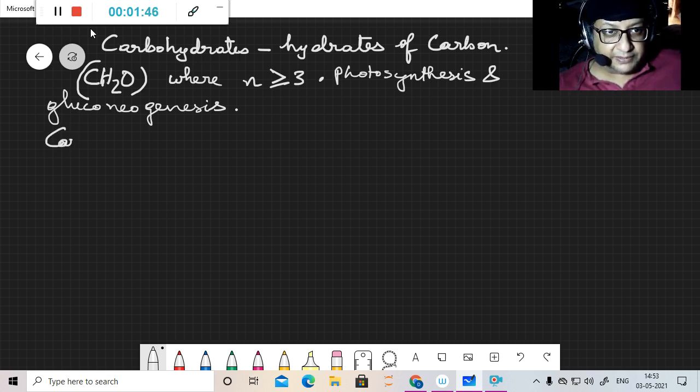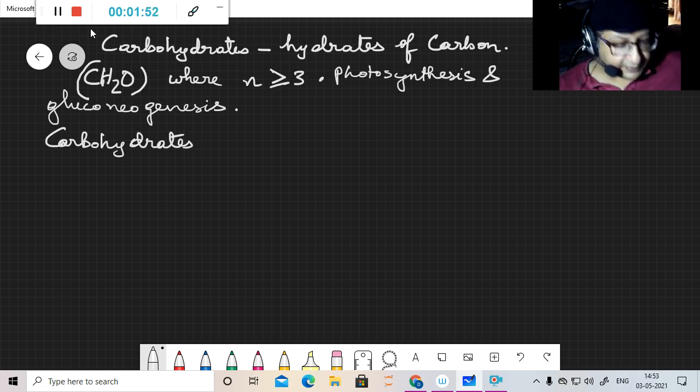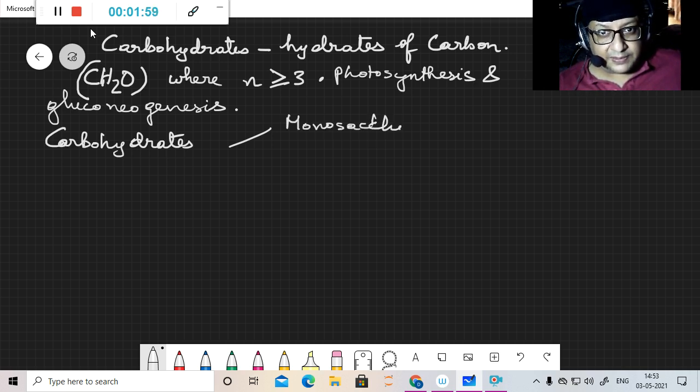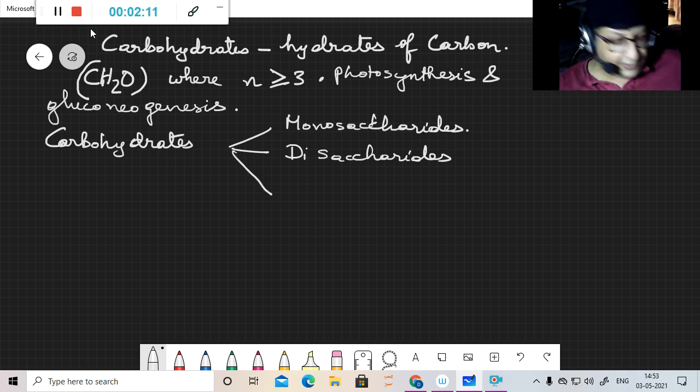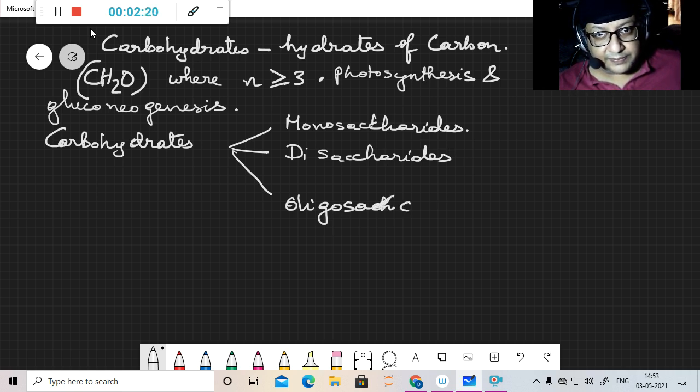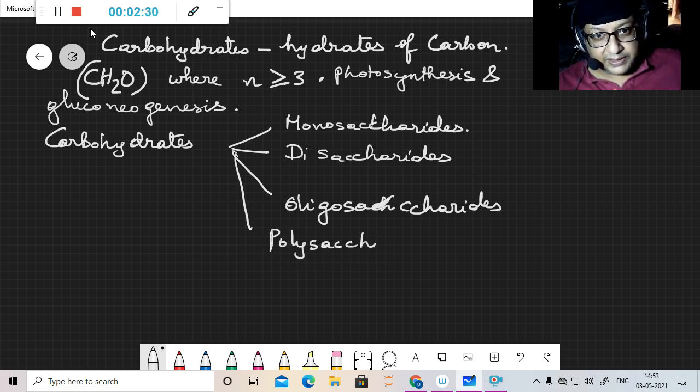Carbohydrates can be divided into, on one side, the monosaccharides, then the disaccharides, the oligosaccharides, and the polysaccharides.